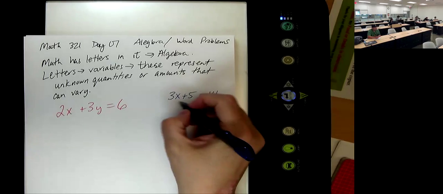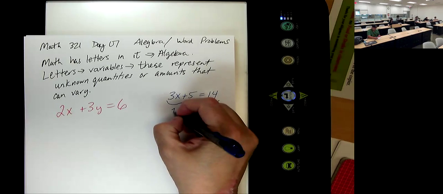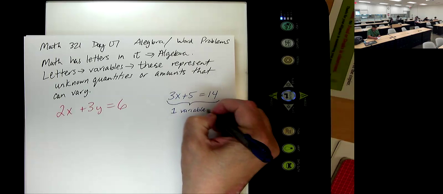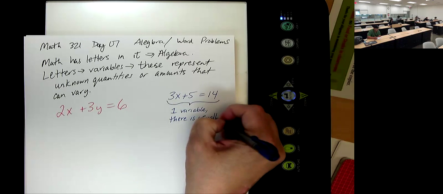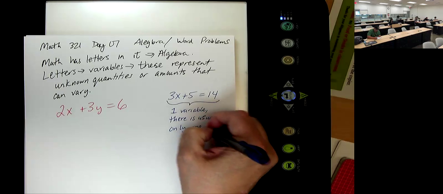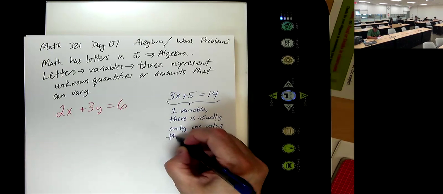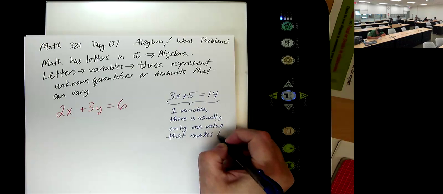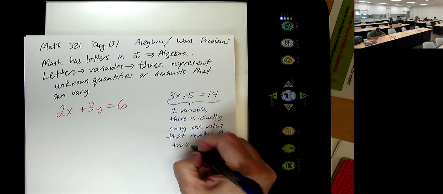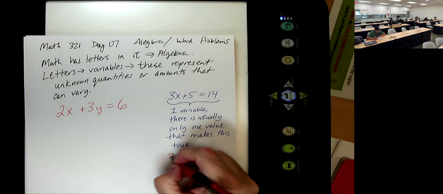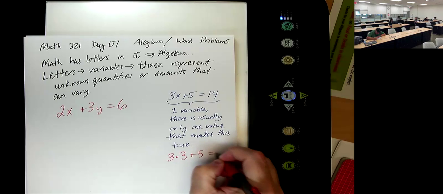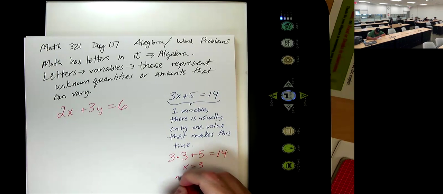When there's only one variable, there is usually only one value that will make this true. And it turns out in this case, 3 times 3 plus 5 equals 14. So x equals 3 makes this true.